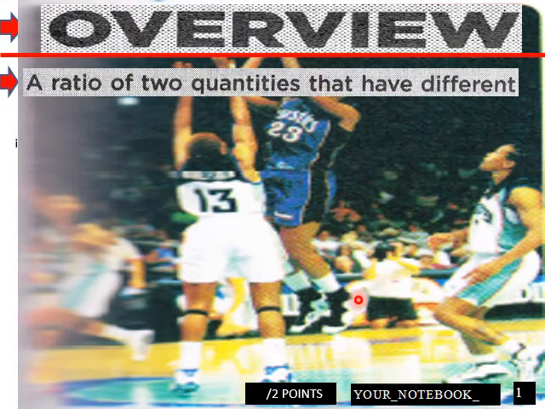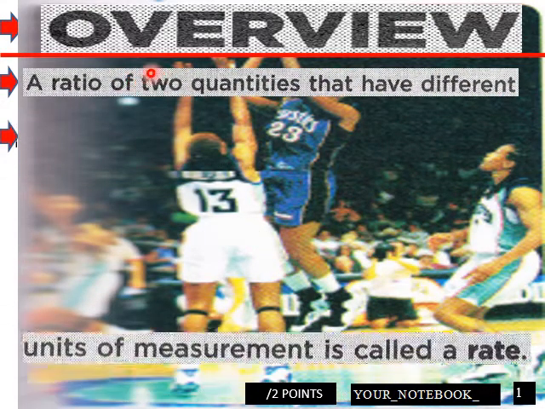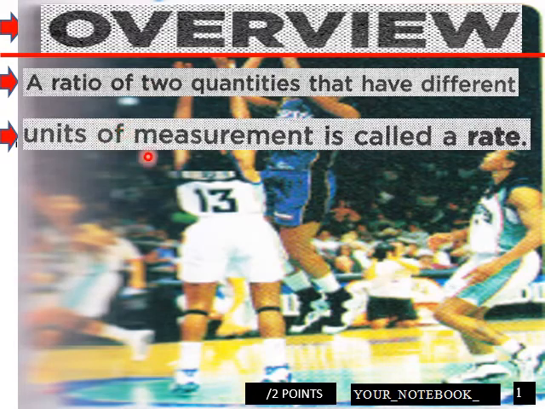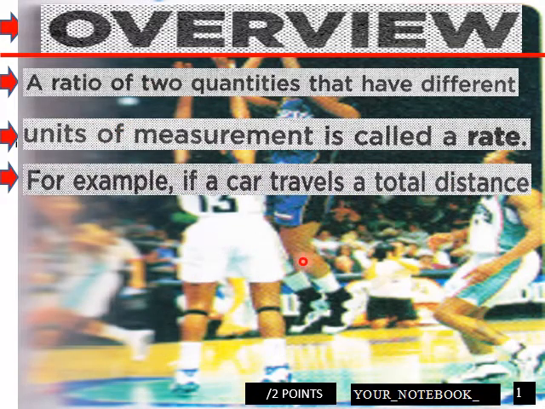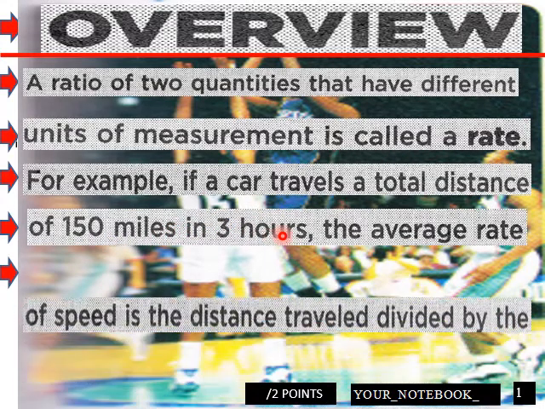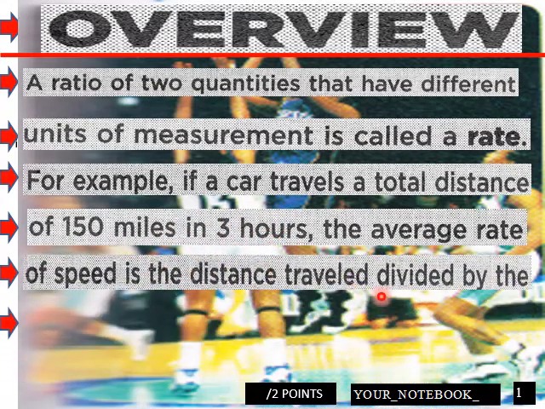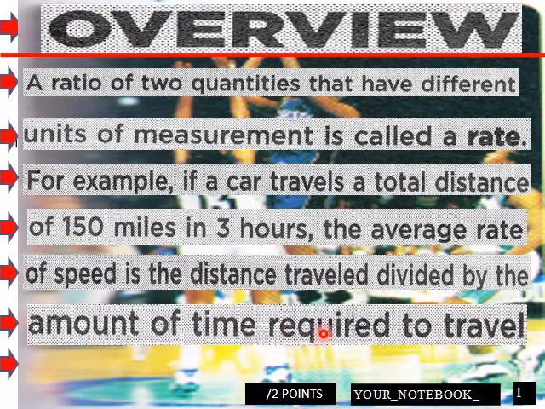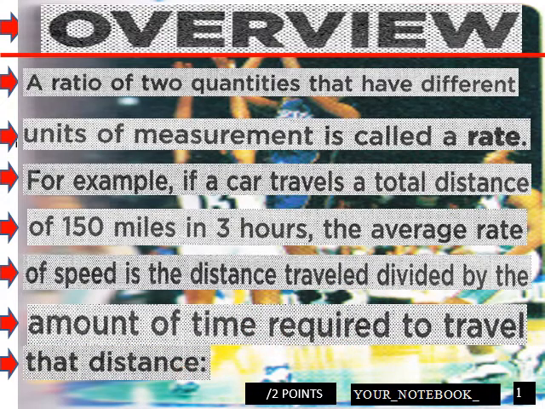Notebook overview of this section. A ratio of two quantities that have different units of measurement is called a rate. For example, if a car travels a total distance of 150 miles in 3 hours, the average rate of speed is found by dividing the distance traveled by the amount of time required to travel it.